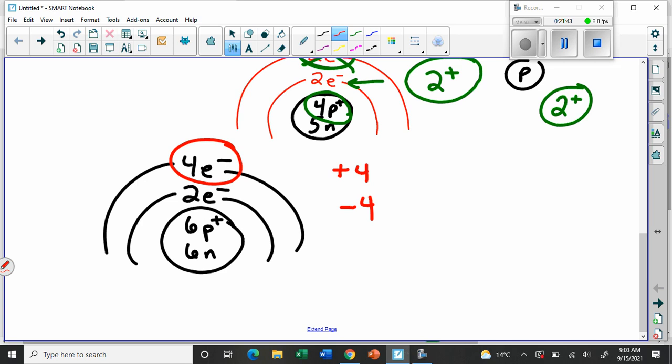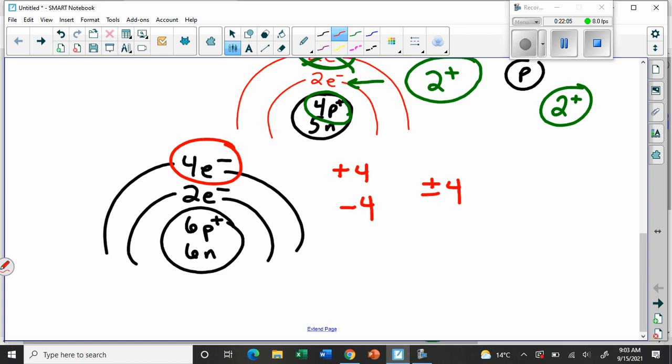If carbon is hanging out with an atom like lithium, who is +1 and wants to give away, then he'll take. But if he's hanging out with another atom that wants to take electrons, he might give them. So what we say for carbon is he's plus or minus 4.